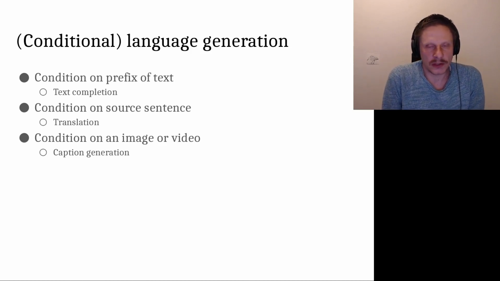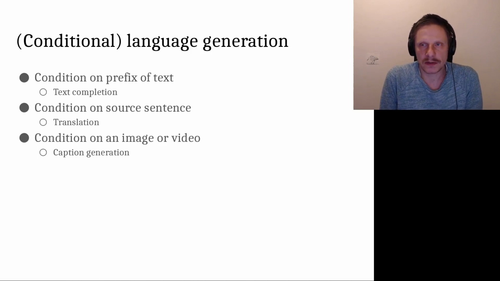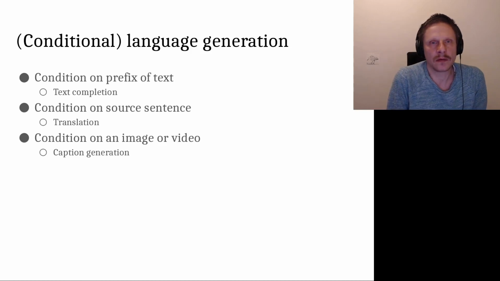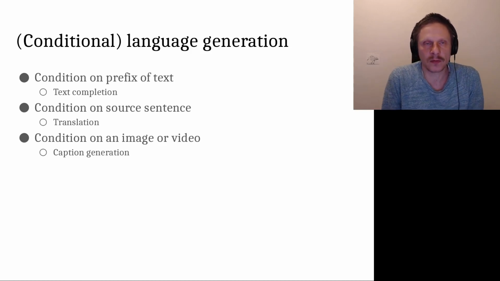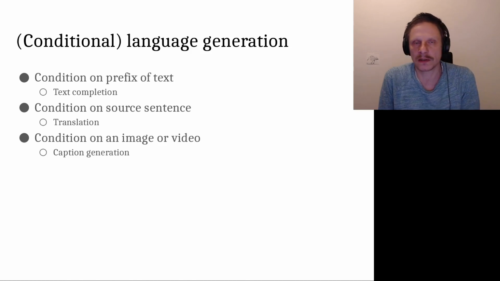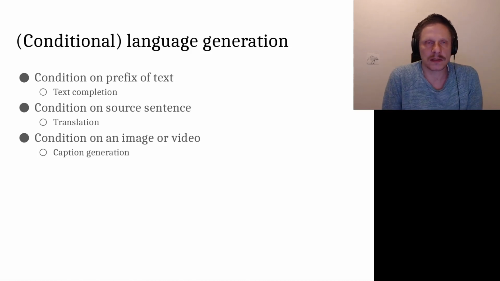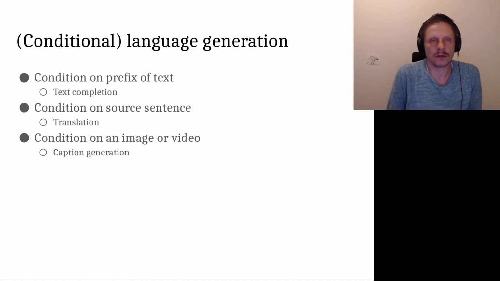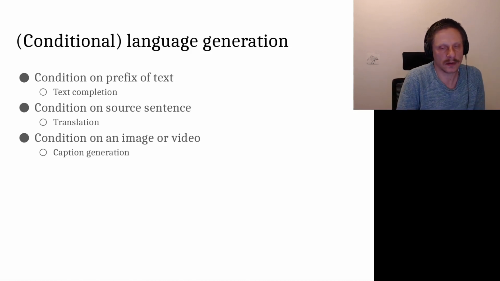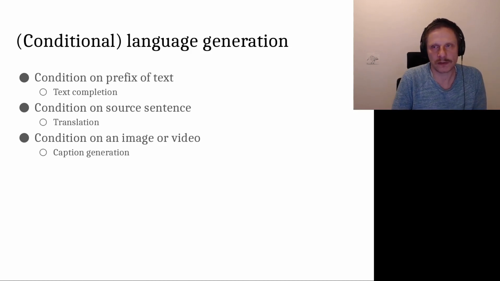I wanted to generalize this setting of machine translation a little bit, of translating from a sentence in one language to a sentence in another language. This is very useful but also very specific. We can do more with recurrent neural networks. We can also generate sequences conditioning on something other than an input sequence.